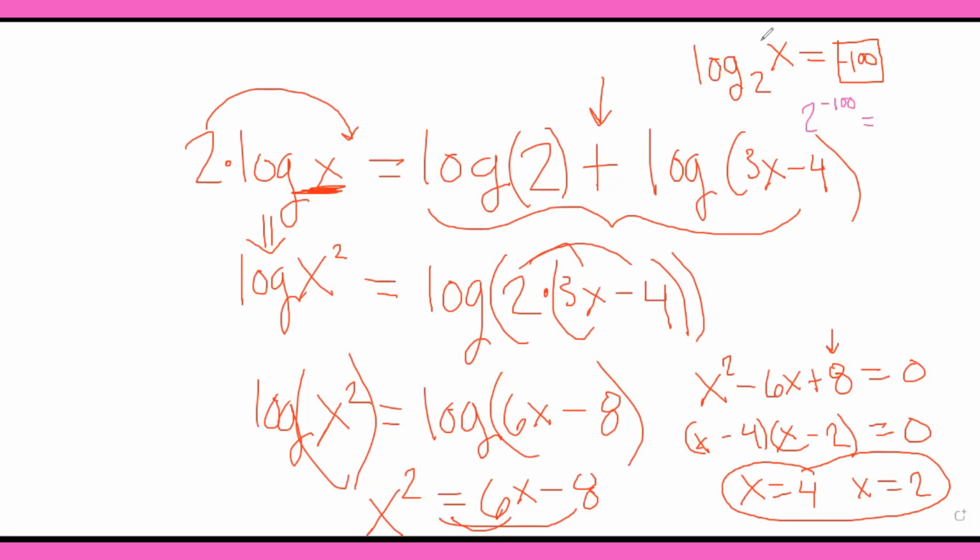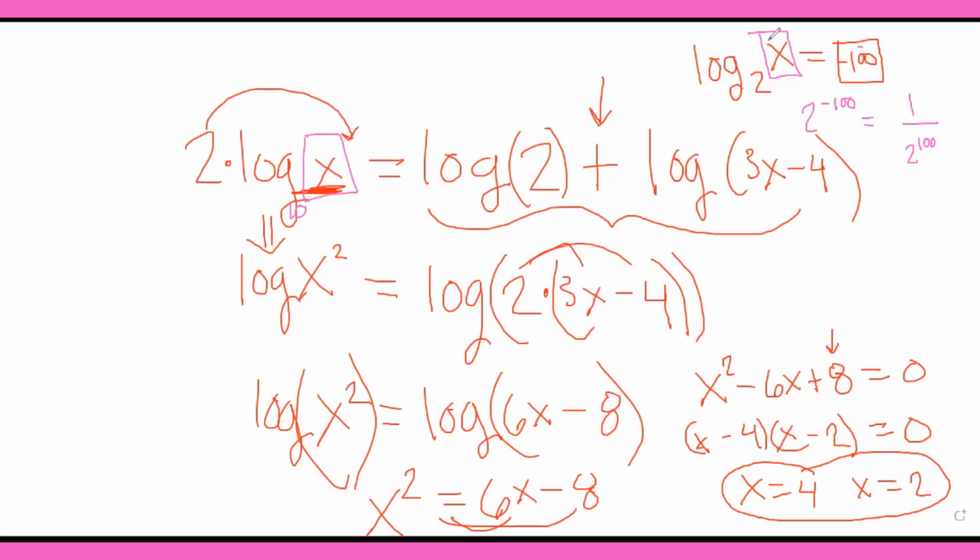We know that equals 1 over 2 to the 100th. Still positive. So the whole point being, in this answer position, when x or a variable is in that answer position, it always has to be positive. It can't be 0 and it can't be negative. It always has to be positive.